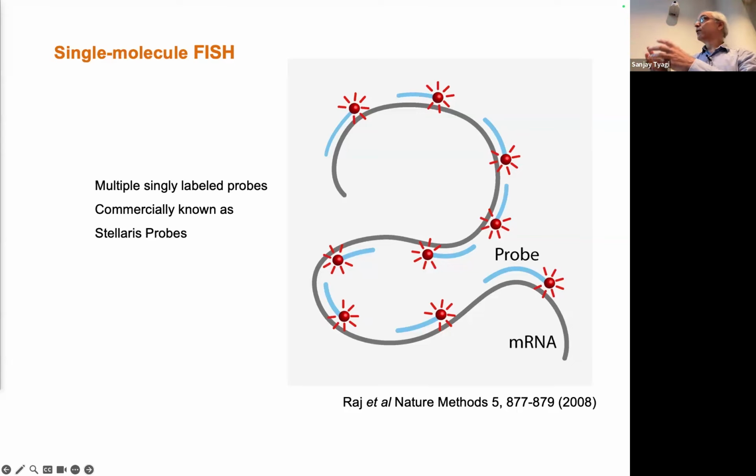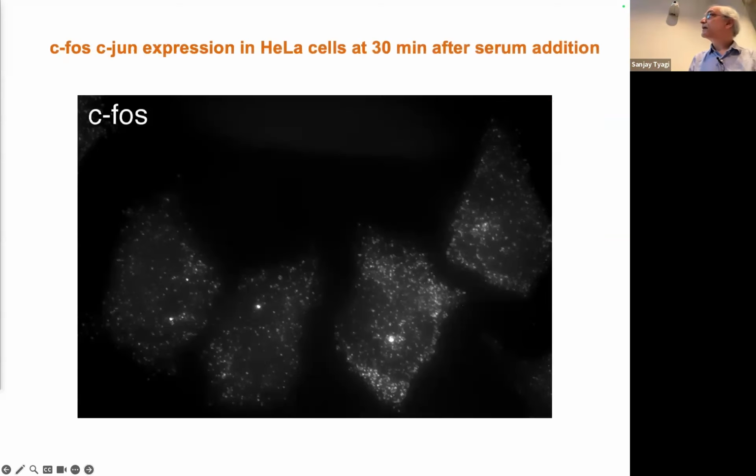When you use this pool, you can deposit so much fluorescence on each molecule that it becomes visible as a fine spot. So you see these kinds of images in a simple fluorescent microscope.